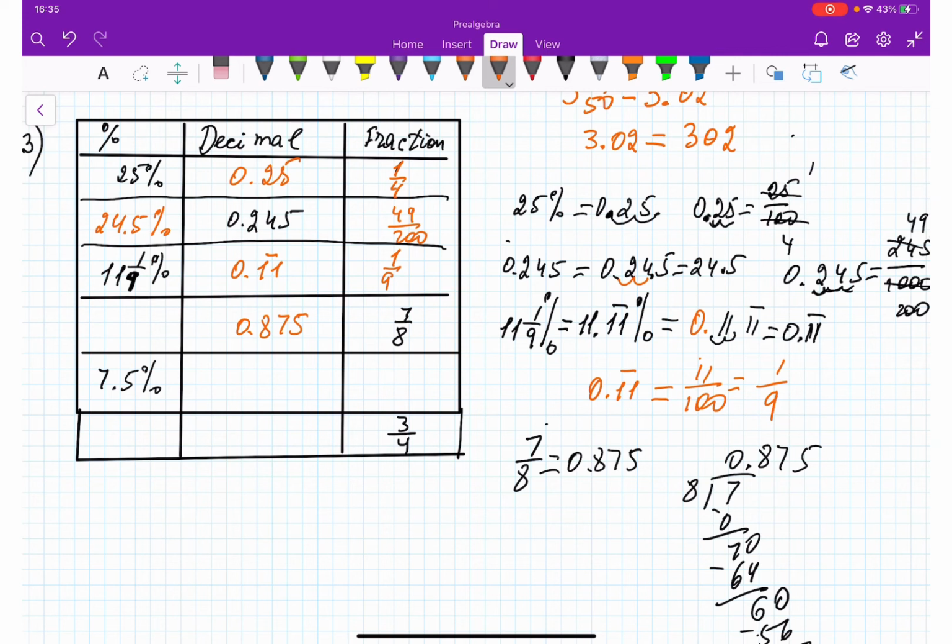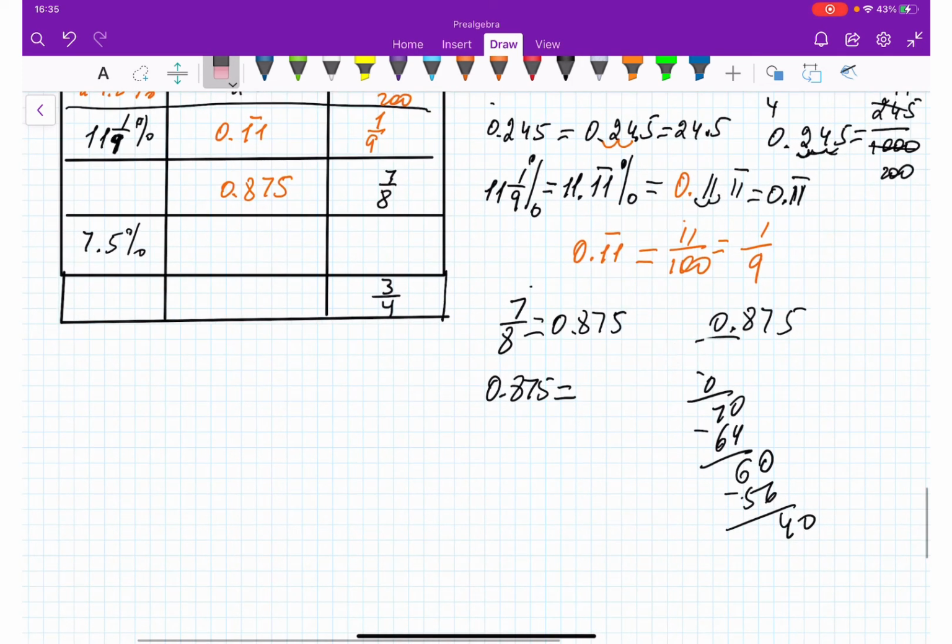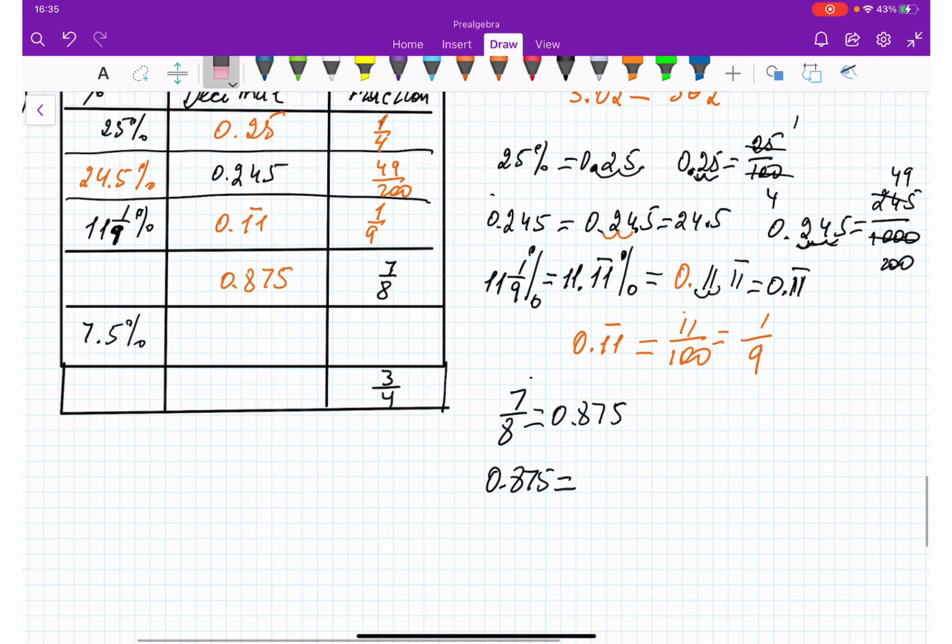So 0.875, it's going to be equal, moving by 2 positions to the right, and we are getting 87.5%.